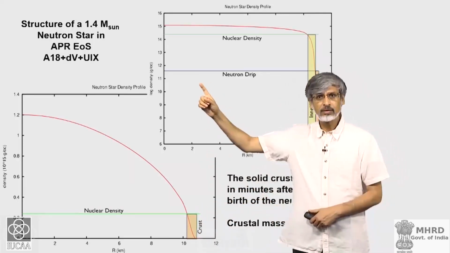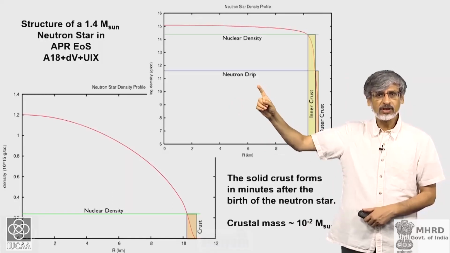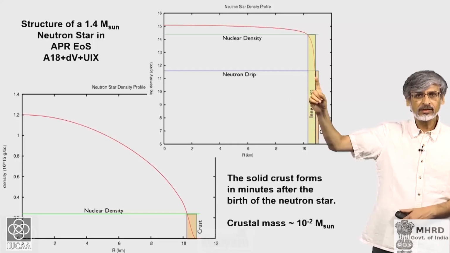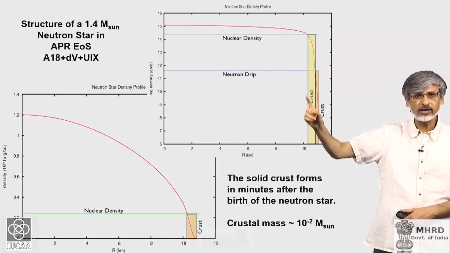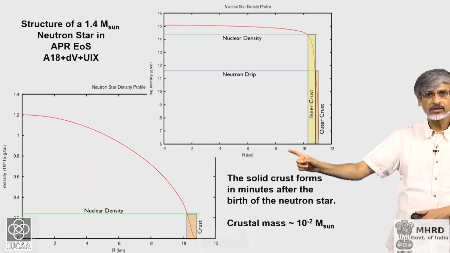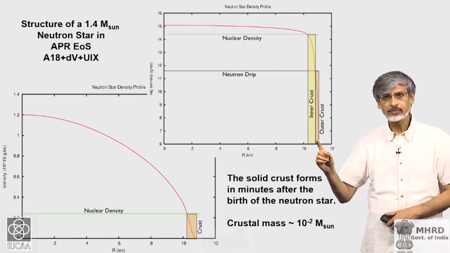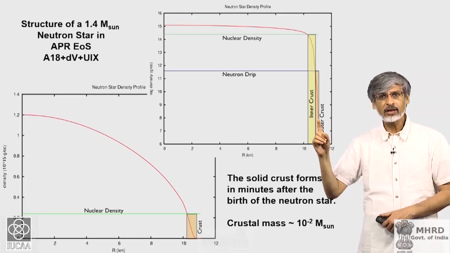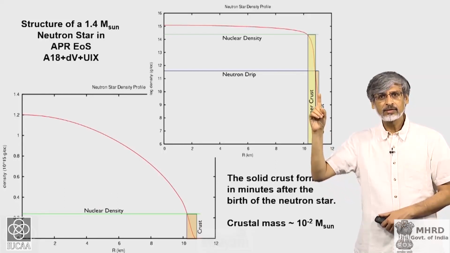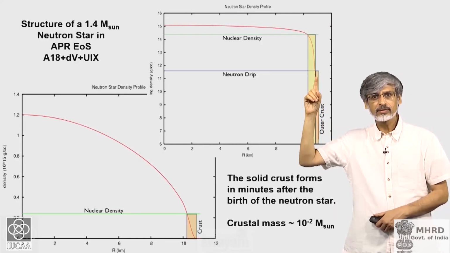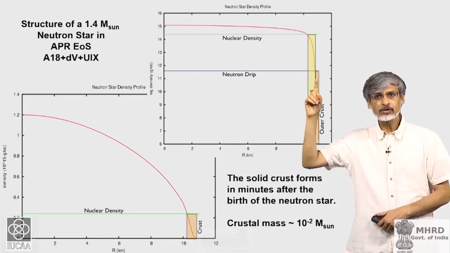thick. Now, if you plot this in logarithmic scale, then one can expand the density region in the crust a little bit better, and one can see that there is the outer part, which is shown here in slightly reddish tinge. That is the region where all the baryons are in nuclei, and it is at this point, as you go to higher densities, free neutrons begin to appear.